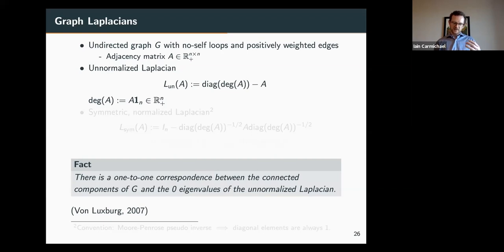Take the row sums, or the degrees of every node, put those into a vector, put that vector on the diagonal of a matrix, that's this first term, and then subtract off the adjacency matrix. This is a quantity many people are probably familiar with. It's used in spectral clustering, for example. And of course, we have the well-known fact that there's a one-to-one correspondence between the connected components of the graph and the 0 eigenvalues of this unnormalized Laplacian.